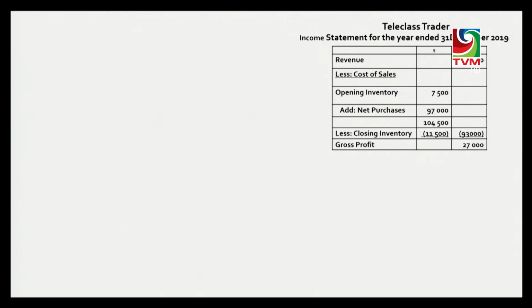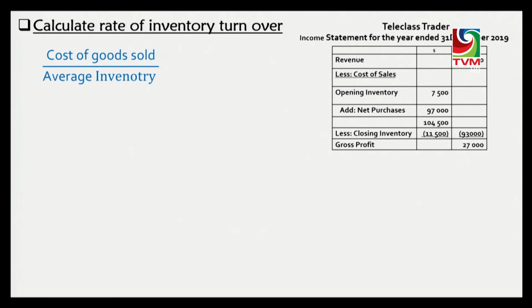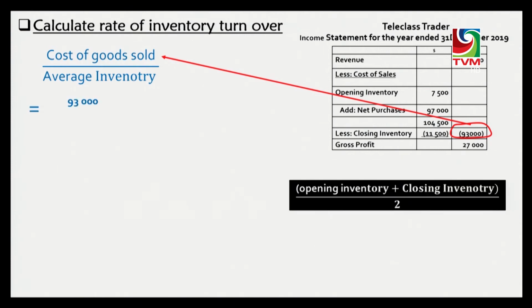Now here is the income statement of Teleclass Trader, and you are asked to calculate inventory turnover. The formula is cost of goods sold divided by average inventory. In this business, cost of goods sold is 93,000. Average inventory is opening inventory plus closing inventory divided by 2.